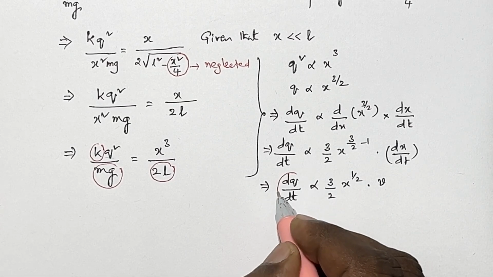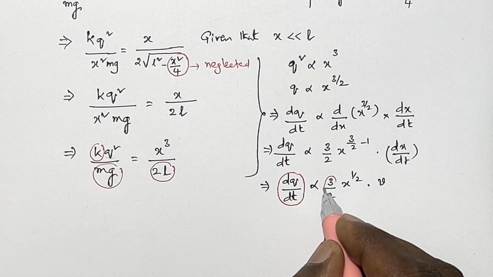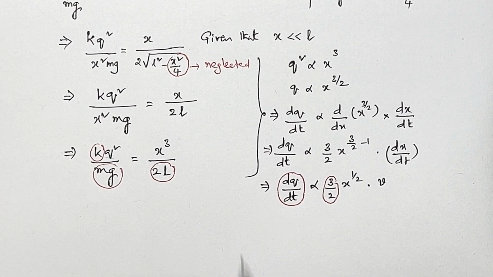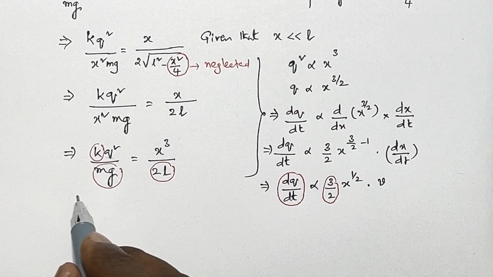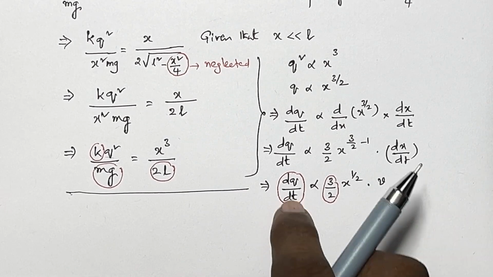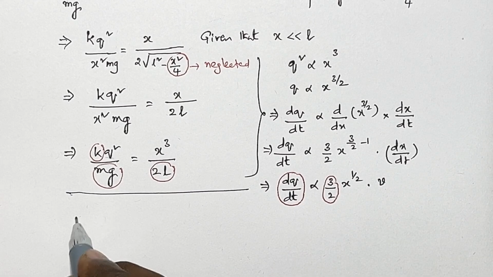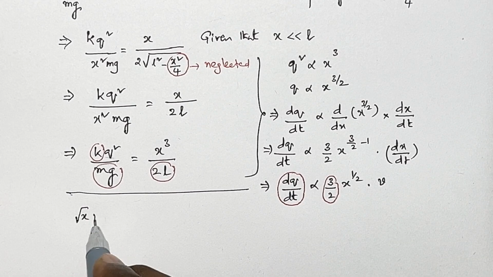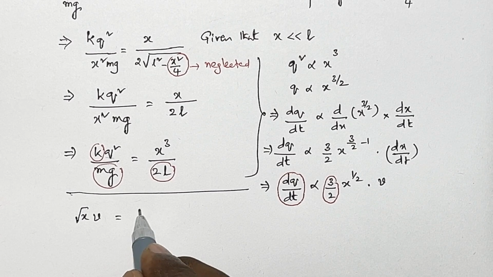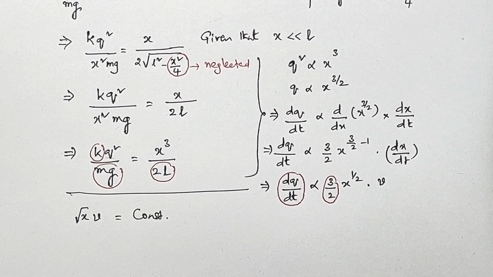Rate of charge leakage is a constant. 3 by 2 is also a constant. So finally, dq by dt is a constant. So x power 1 by 2 is root x into v is equal to constant.